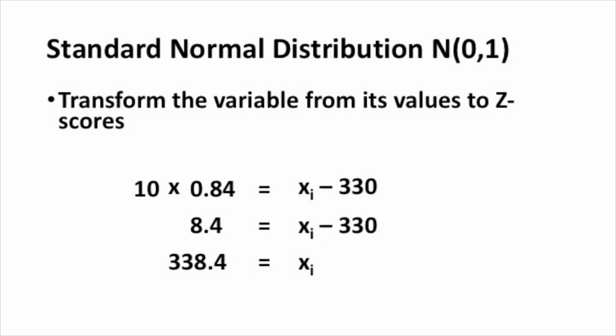So we can do a little bit of algebra here. If we take 10 and multiply it by 0.84, that equals x minus 330. Of course, 10 times 0.84 is 8.4. That equals x minus 330. If you add 330 to each side, you get 338.4 equals x.